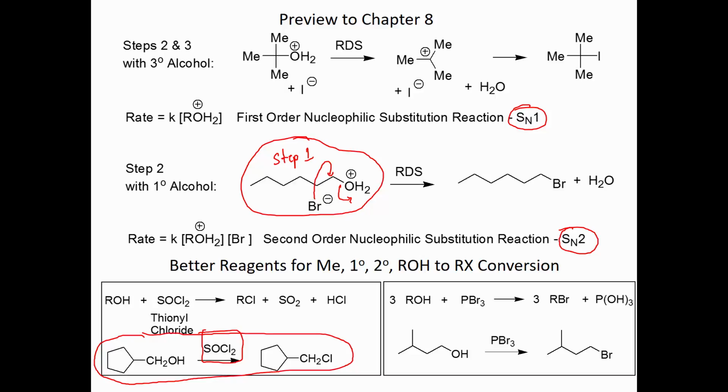All right, if you want to turn a primary alcohol into the corresponding bromide, this transformation right here, the preferred reagent for doing that is that. So we're transforming the OH group into the Br group with PBr3. We're transforming the OH group into the Cl group with SOCl2.